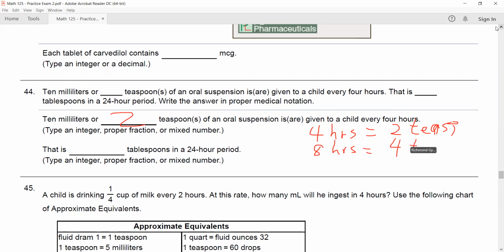You double the teaspoons as well, right? If you double this again, you get what? 16 hours. And this is doubled, you have 8 teaspoons, right? So we could keep on going that way till we get to 24.